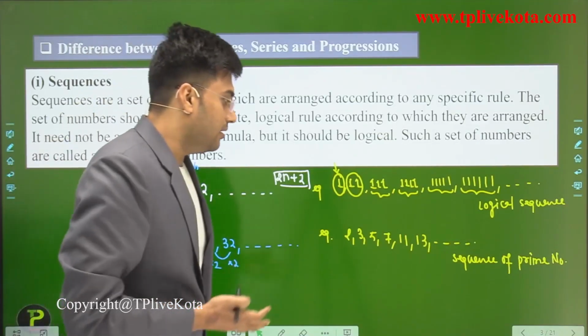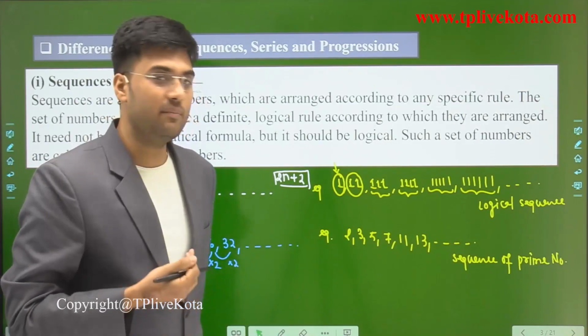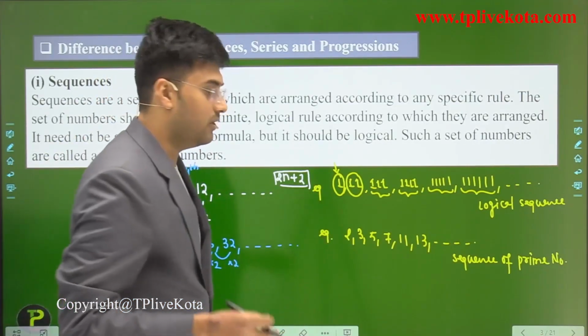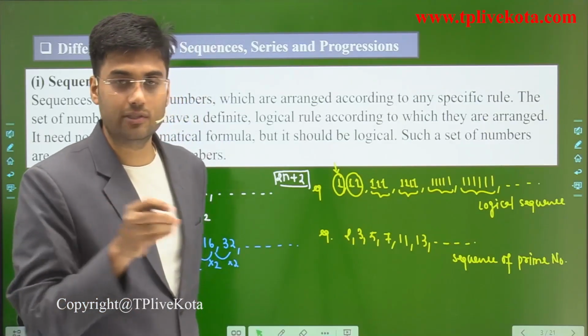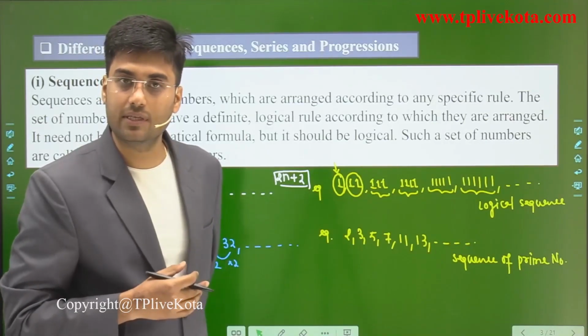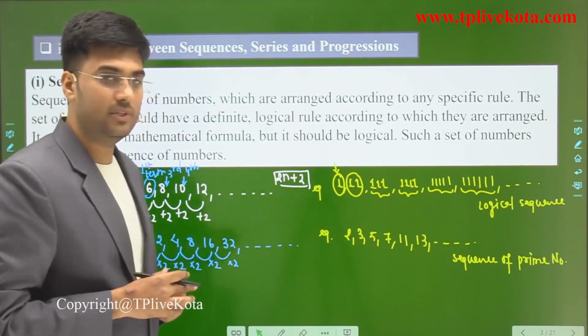Here we do not have any mathematical formula to find the nth prime number. So this is also a type of logical sequence, and the logic is that we write all the prime numbers in this sequence. Clear? So these are a few types of sequence.